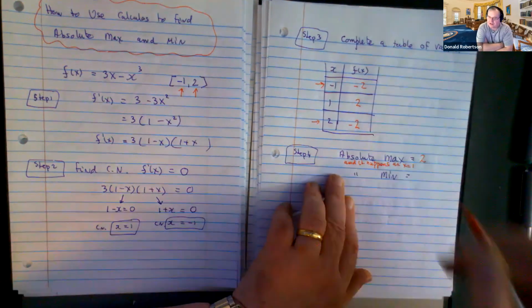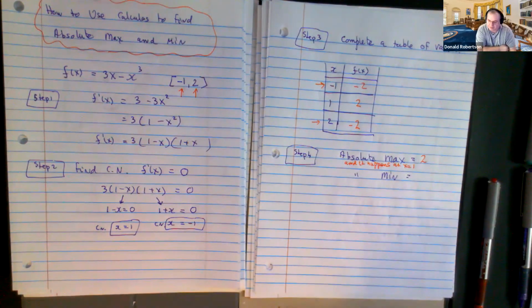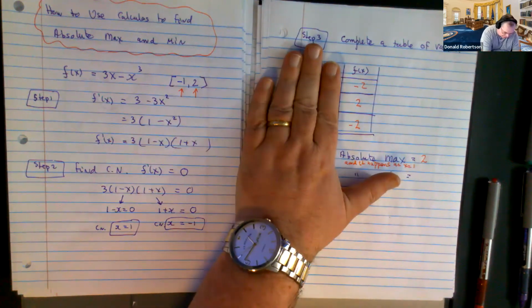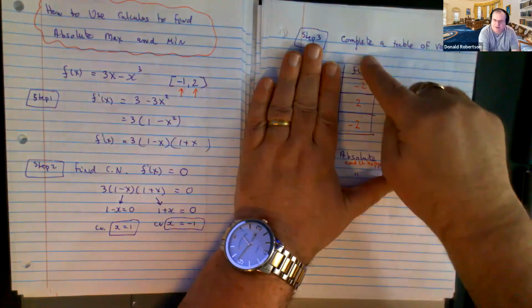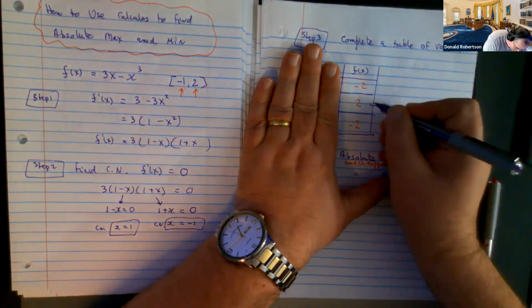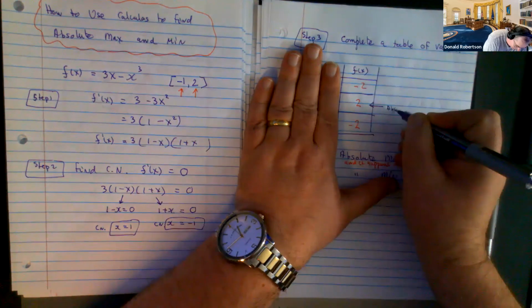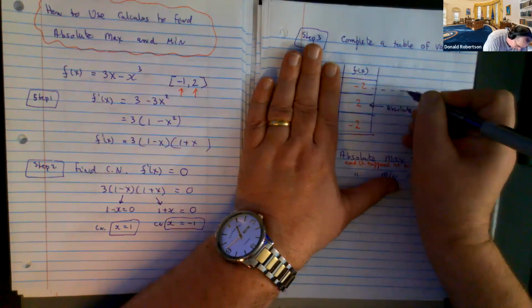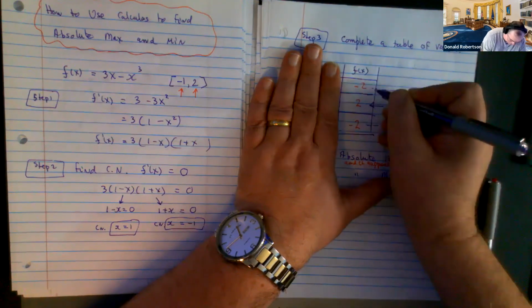The biggest answer is 2, right? So when we talk about the biggest answer, the biggest value, I'm talking about the value of f of x. And that's definitely the biggest. So that guy is my absolute max. What about these two guys? Would you agree that's a draw?